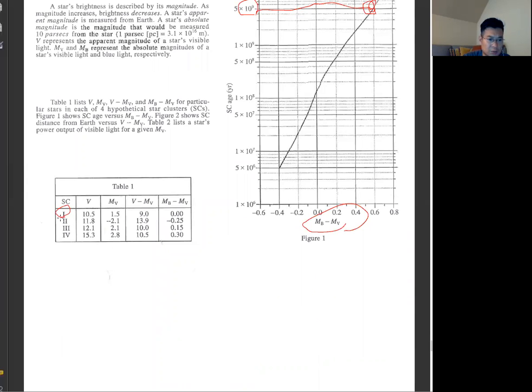So this one. What we see here is that the MB is not given, but the only thing that relates to MB is this one, the last one, and the first one is 0.00.